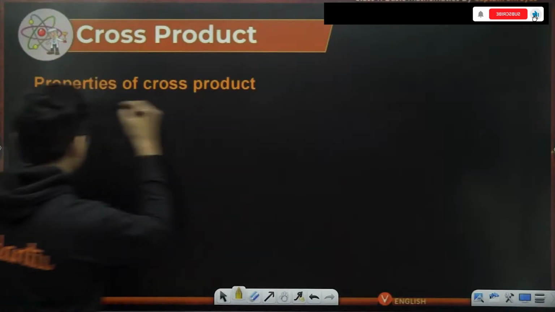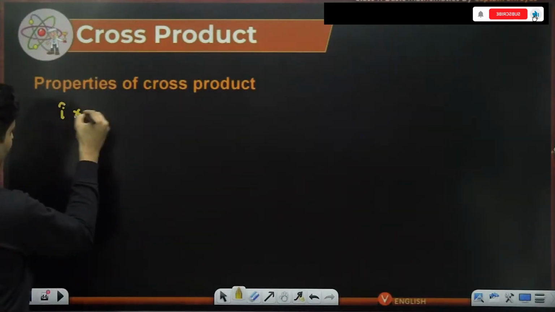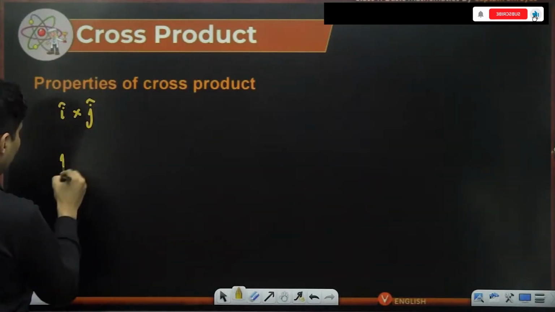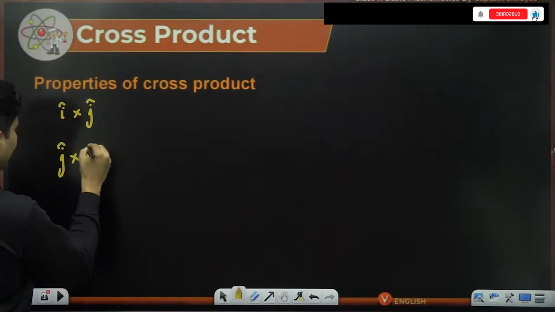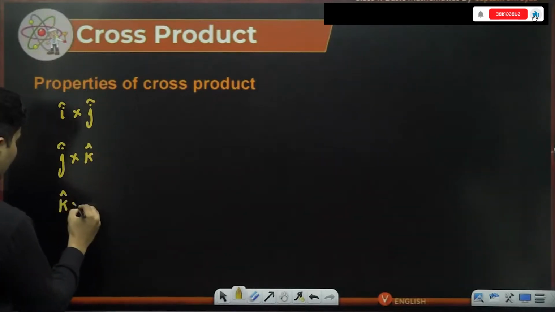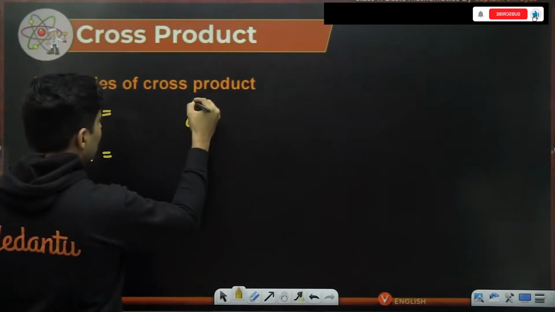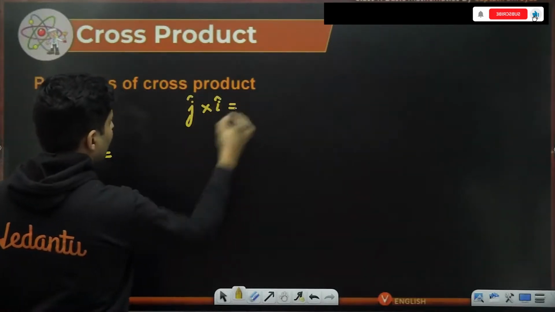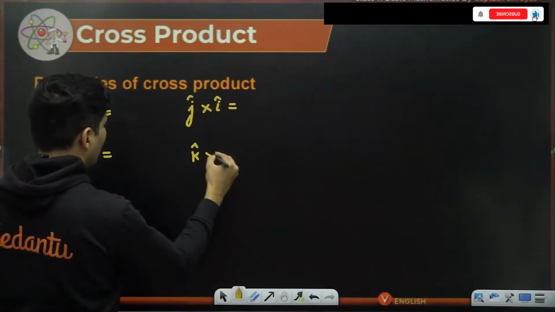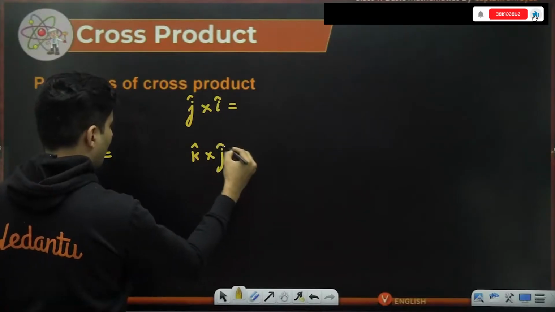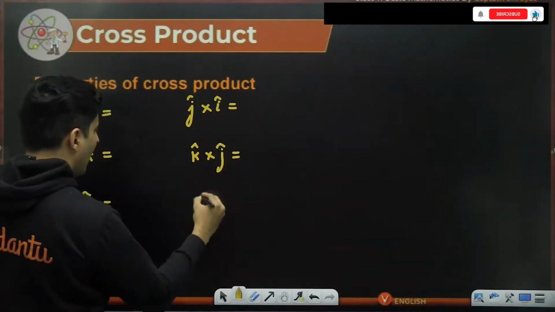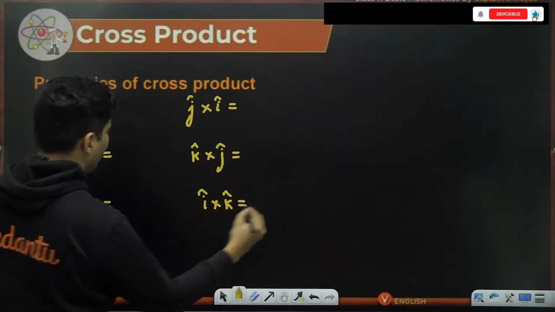In fact, what will be I cross J? What will be J cross K? What will be K cross I? What will be J cross I? What will be K cross J? What will be I cross K?